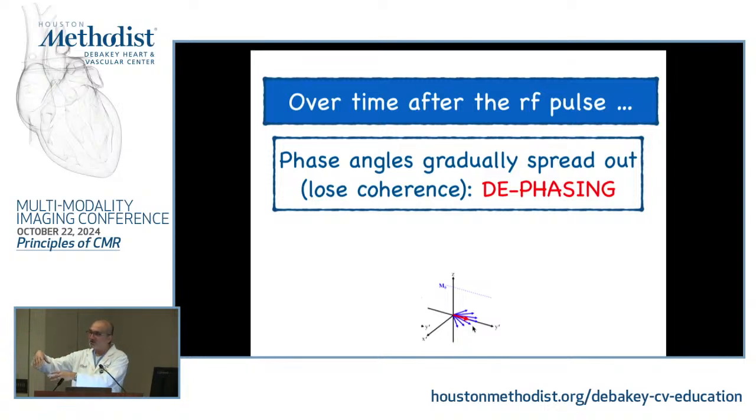At the start of the finish line, if you're looking up from the sky, you see a big blob of people that are all running around together, right? And then what happens over time, some are faster, some are slower, and as a result, the size of your big blob where the mass of people are gets less and less and less, because a few get ahead of the crowd, a few get further behind the crowd. And that's what happens to your T2 signal: it gradually decays over time, all right?